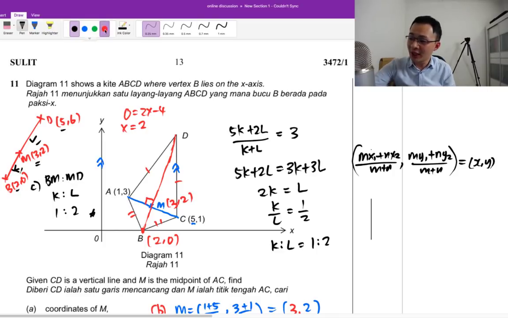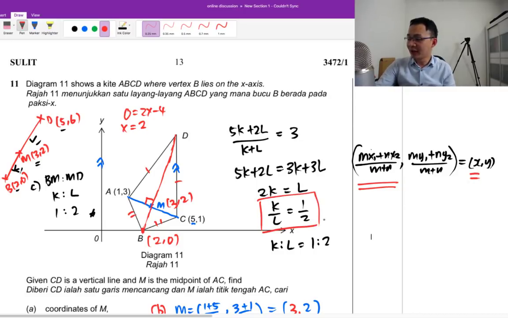So basically what I did just now is I take one of it equal to the x value. Then I solve it, because if I can make it into a fraction, then I can make it into a ratio, because fraction is always highly related to ratio. So this is the whole idea of how I do this kind of question.